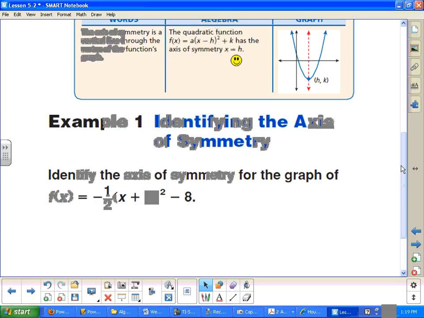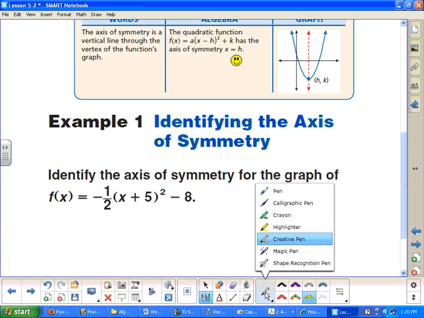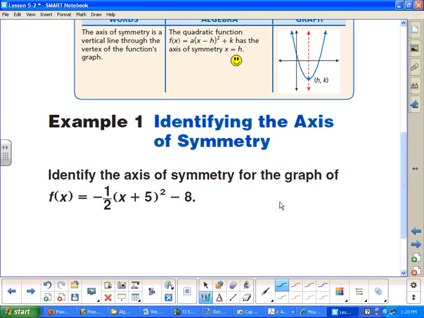So the first thing we're going to do is just look at finding the axis of symmetry when it's in vertex form. So here in example 1, we want to identify the axis of symmetry for this graph. First of all, let's write down what is the vertex for this equation. What's the vertex? -5, 8 would be the vertex. It's h and k.